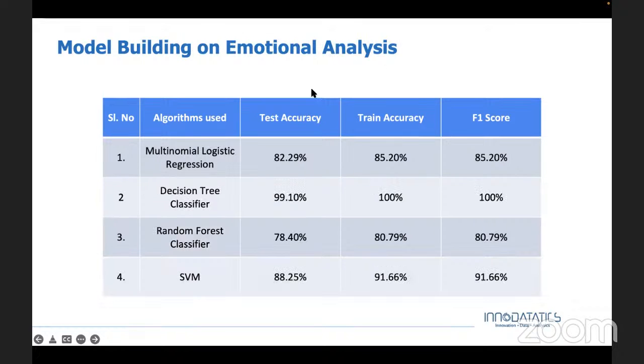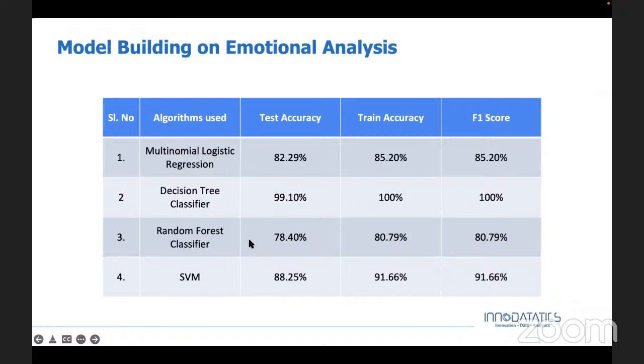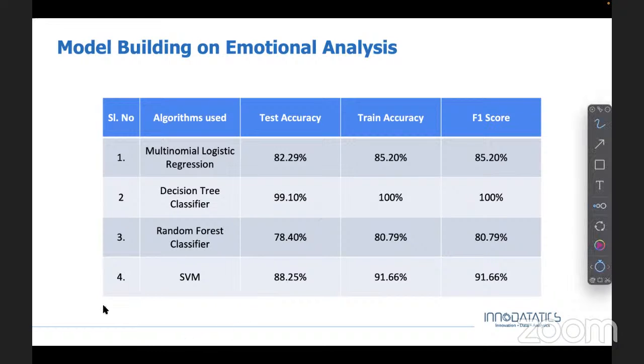Then for emotional analysis, the team tried building 4 different models. You're not always expected to use the model which gives you the highest F1 score. Sometimes you also need to look at whether you have another model which has better interpretation. So SVM is a black box technique.